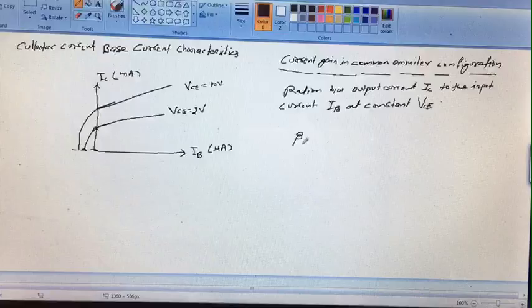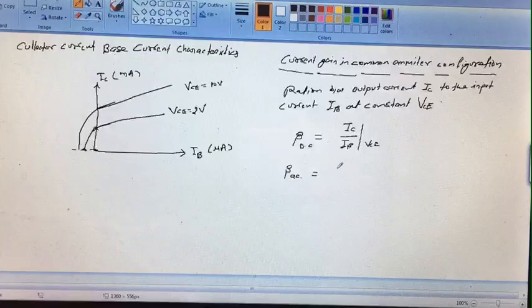When we are considering DC current gain, beta DC is equal to IC upon IB at constant collector emitter voltage. Now, when we are considering AC current gain, then beta AC is equal to change in output collector current del IC upon change in input current del IB at constant collector emitter voltage.